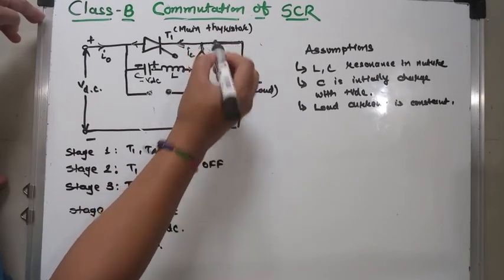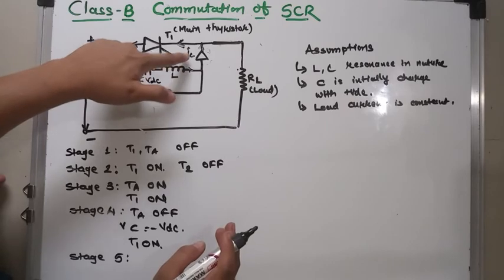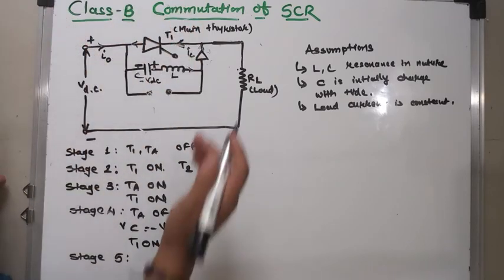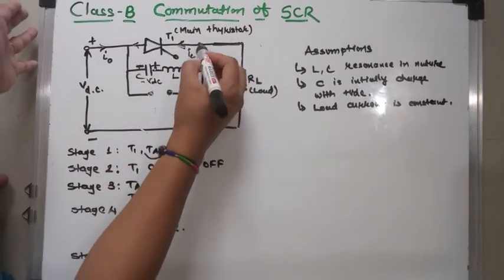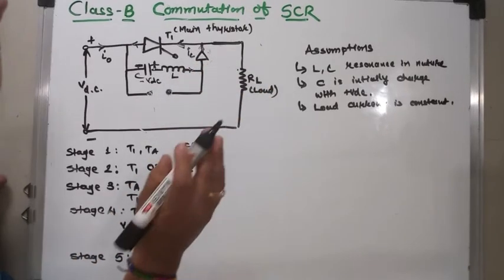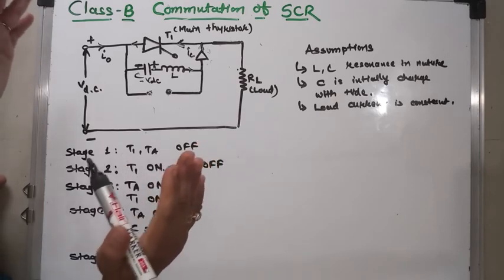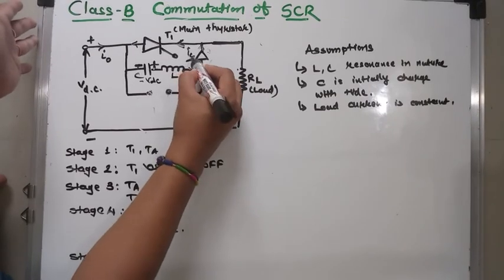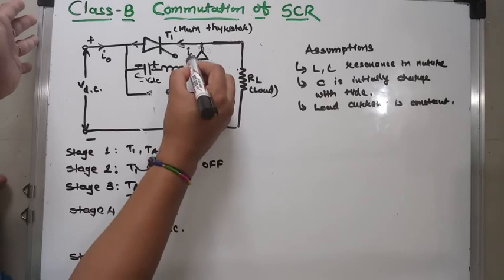Now the question is, why does this current supplied by the capacitor flow in the reverse direction through the thyristor T1, why does it take this path, why will it not take this path? The only answer is that current always chooses a path where the resistance is low.